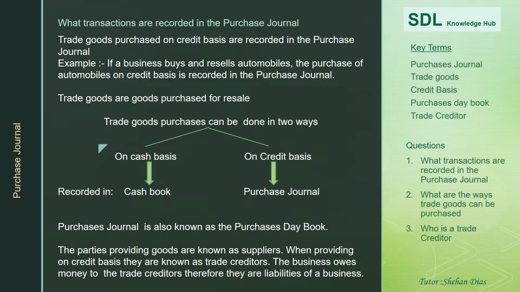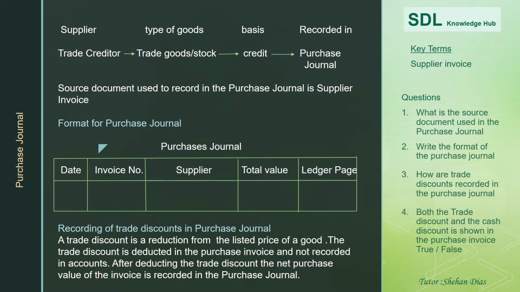So the business will owe money to these trade creditors and therefore they will be liabilities of the business. The trade creditor will supply trade goods or stock on credit basis and this is recorded in the purchase journal. The source document used to record in the purchase journal is the supplier invoice.